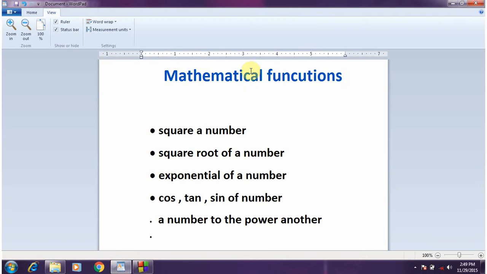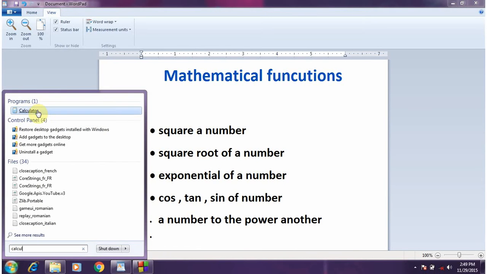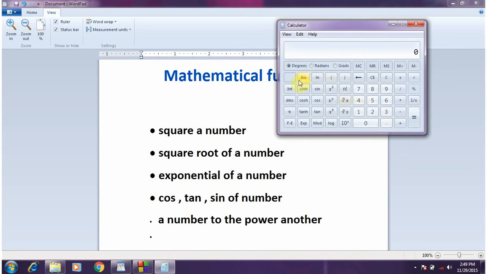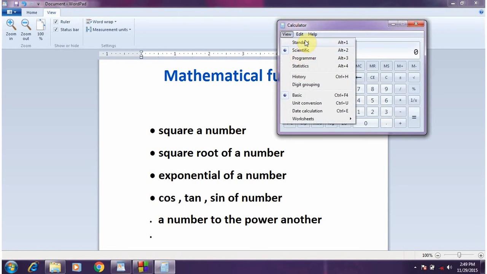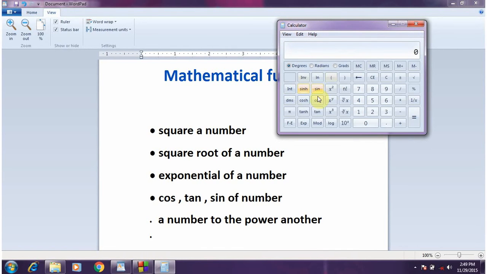So today with my math functions, like square root of a number, squaring a number. You see on a calculator, let's take for example calculators like these ones. You change it from standard to scientific. So all these things are mathematical functions.